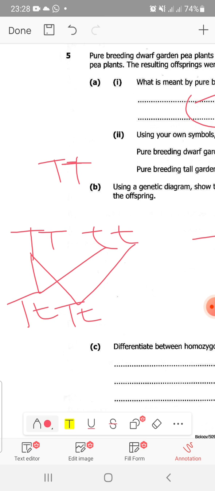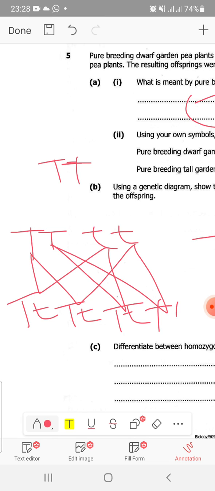The capital letter T is dominant over the small letter t. The small t represents dwarfness, and the capital letter represents tallness. So the capital letters are dominant over the small letters. When those two parents breed, the offspring are all tall, which is capital T and small t.